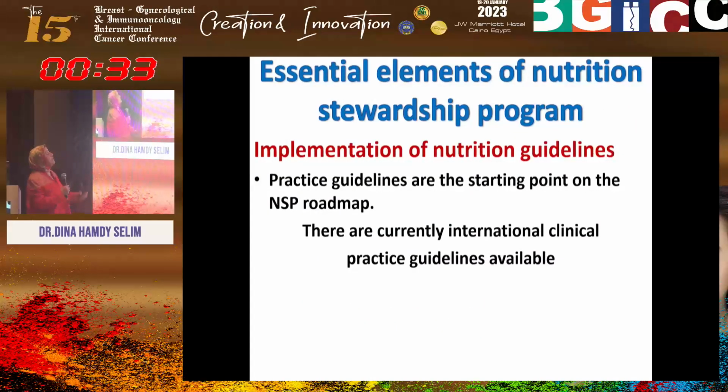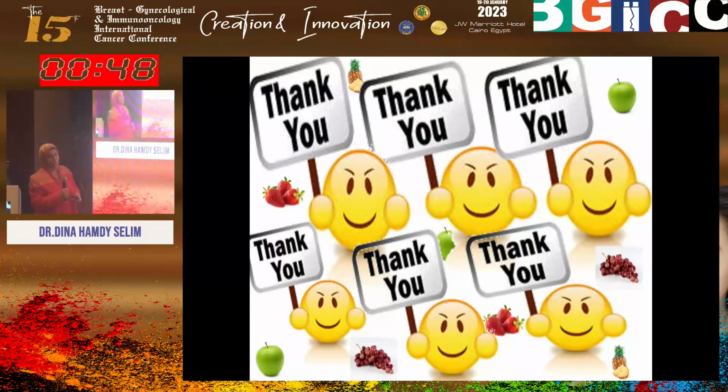Implementation of nutrition guidelines is very essential, and the guidelines change every now and then. We have to stick to them, and thank you.